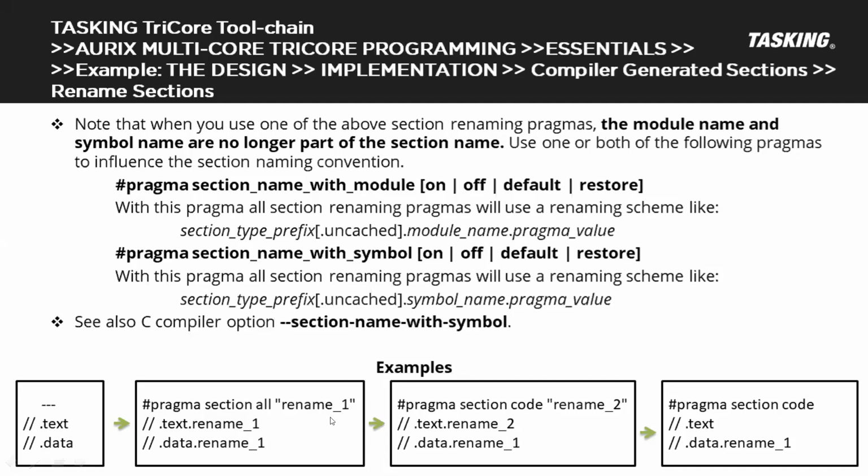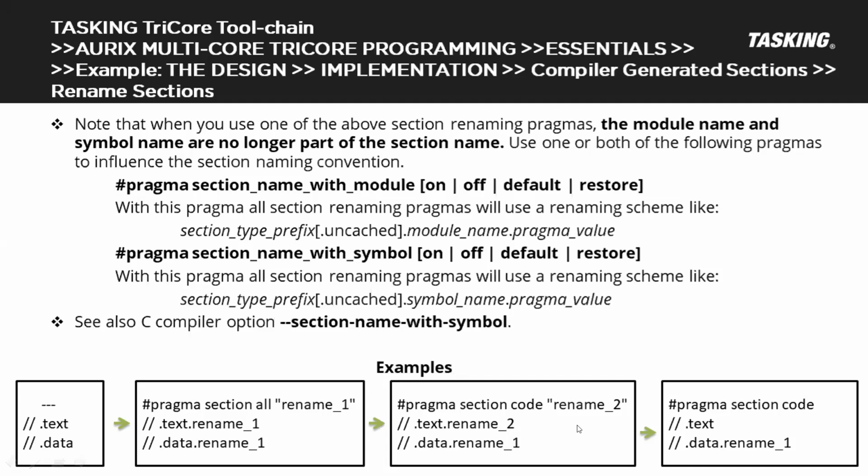And based on these results, if I write pragma section code and then rename to, this will change only the code type of the section. So it will influence only the text section, and it has nothing to do with the data section.